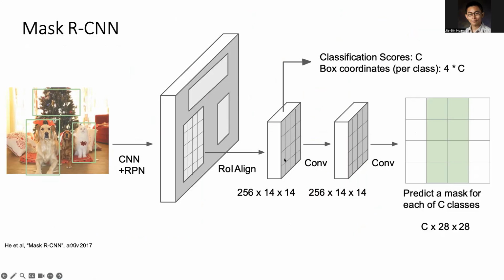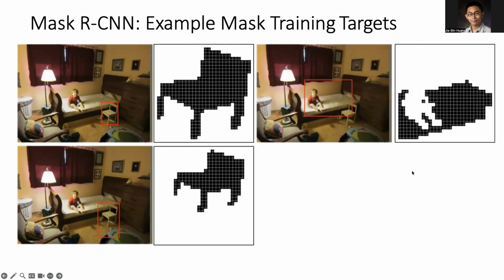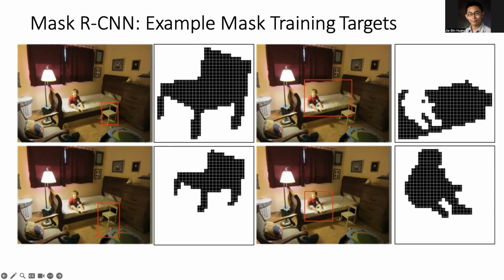Now you get the features, you just treat these features as semantic segmentation, so you predict the segmentation mask within these features. Okay, so you are able to detect the bounding boxes and segment out the things, segment out this person, and so on.